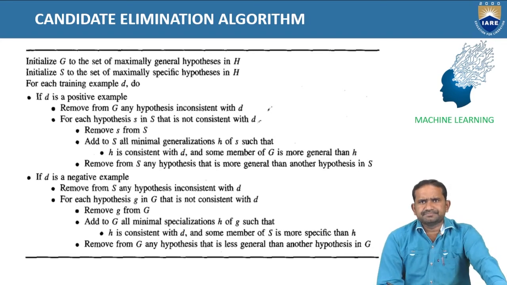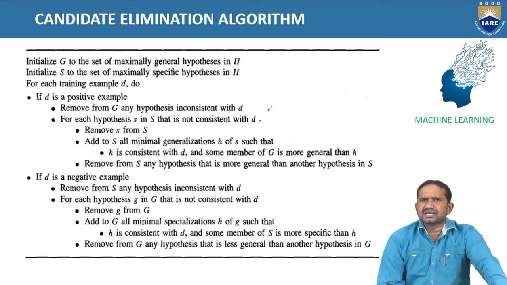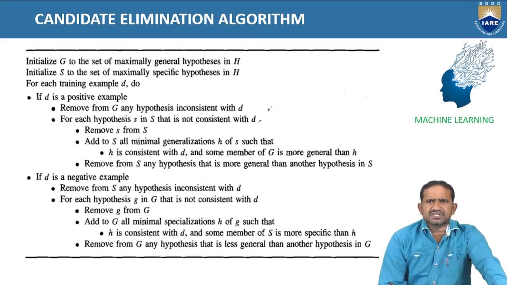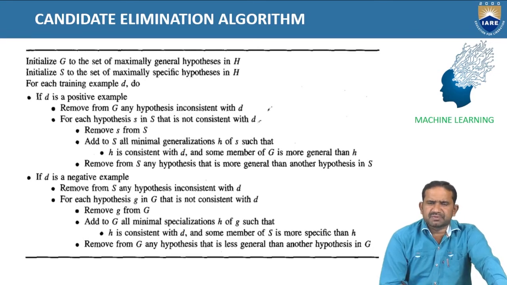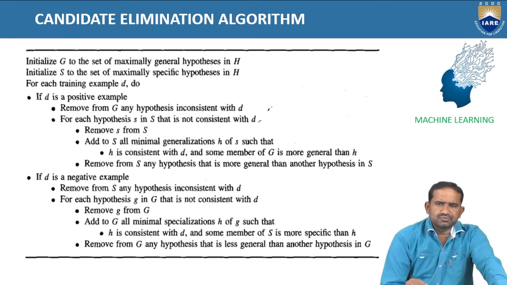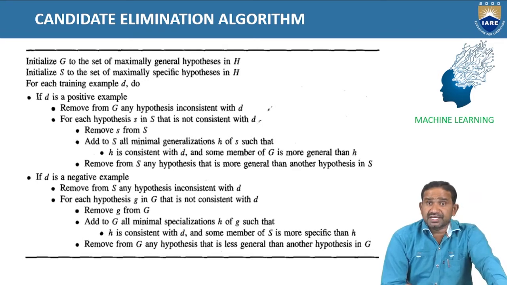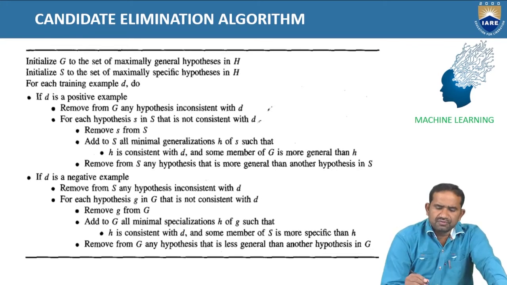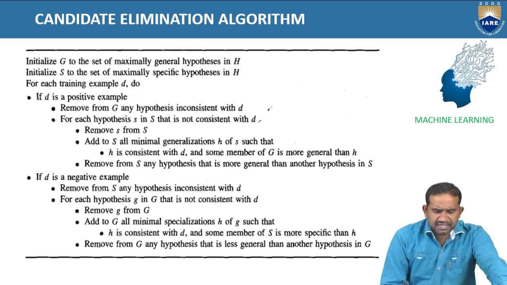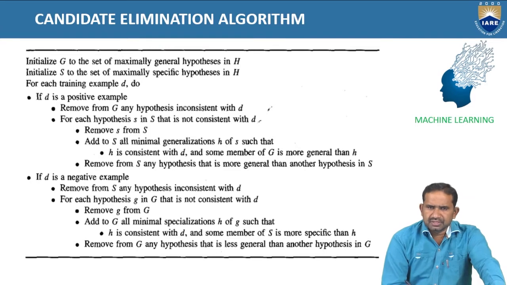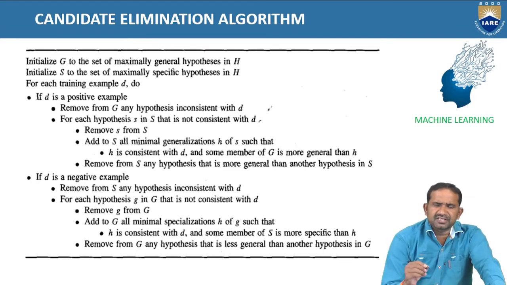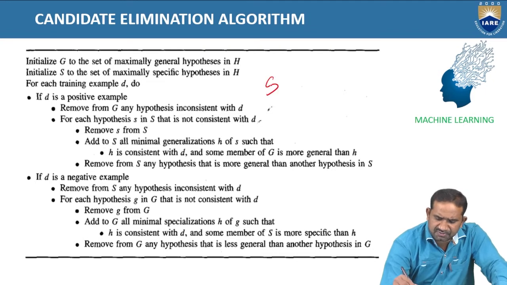First we initialize the generalized hypothesis G, and then we initialize the specialized hypothesis S. For each training example D, if the training example is positive, we follow some steps. We start with the specific hypothesis and move to the generalized one.